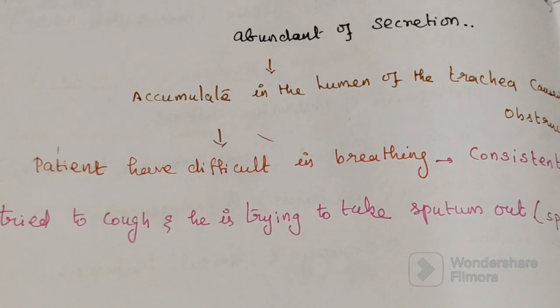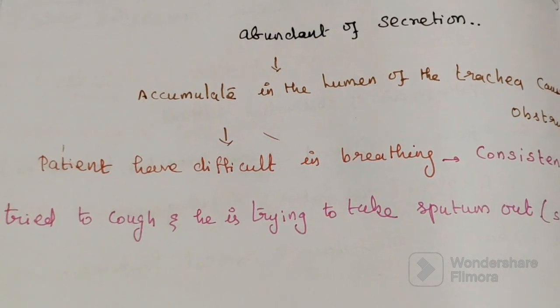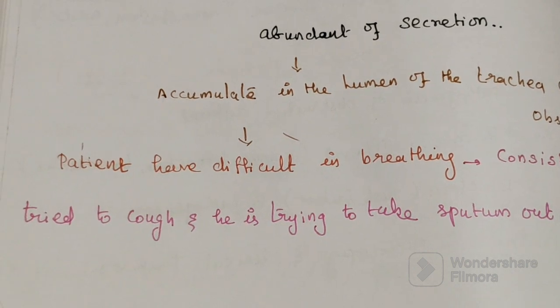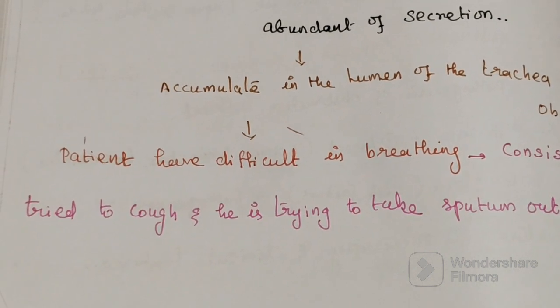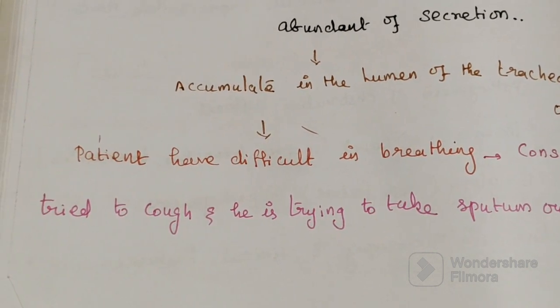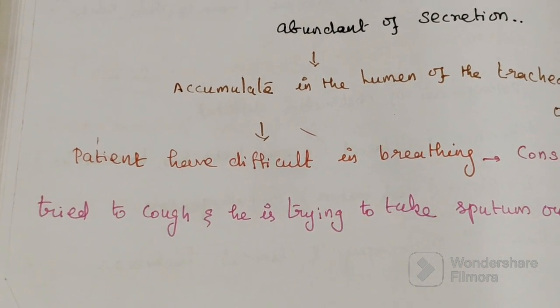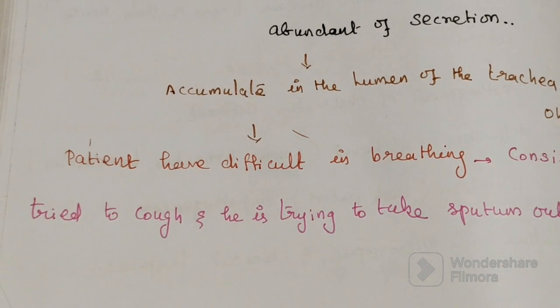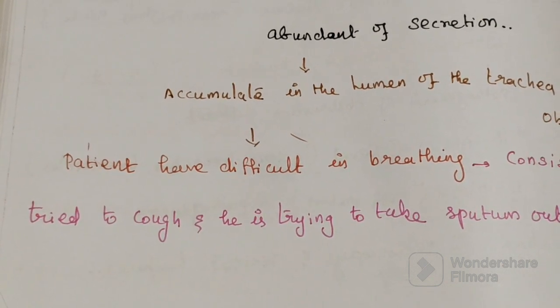So what does the patient feel? The patient tries to remove the obstruction by coughing. The patient constantly tries to cough, and during coughing he tries to bring the sputum out.